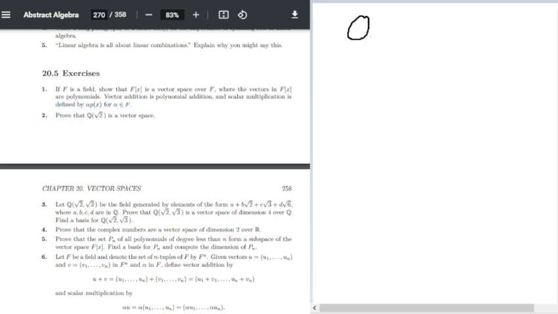Prove that Q adjoin root 2 is a vector space. So suppose we have Q adjoin root 2. First of all, it is already an abelian group, because Q adjoin root 2 is actually a field.